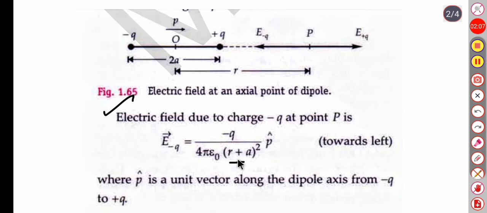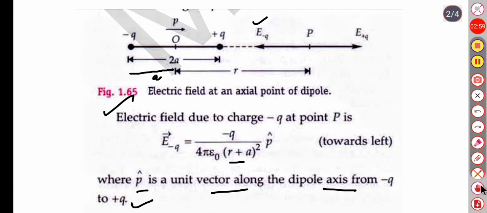Here it is r plus a whole square, because the distance from minus q to plus q is 2a, so this part will be a, and the total will be r plus a whole square, and the direction is towards left. Because of the negative charge, the electric field direction will be towards left. Here p hat is a unit vector along the dipole axis from minus q to plus q. This is the dipole vector, we can say.